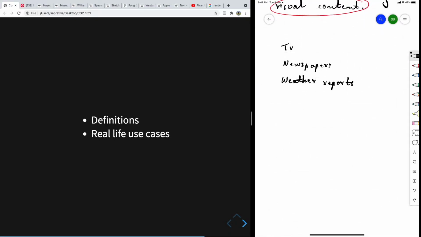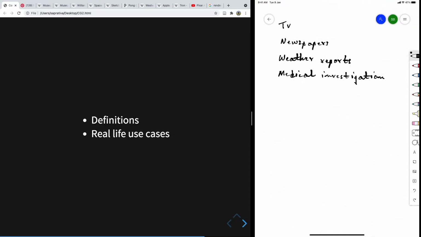Then computer graphics is also used in medical investigation, like MRIs, X-rays, etc., wherever imaging is used, medical imaging you can say. Then it is also being used in surgeries, that is surgical procedures.